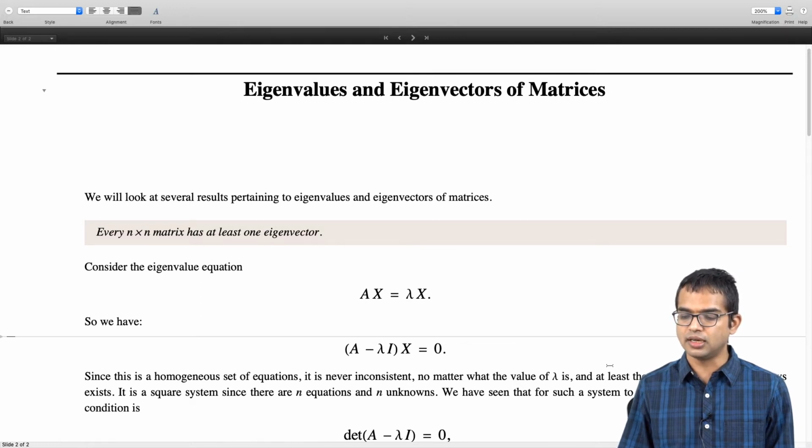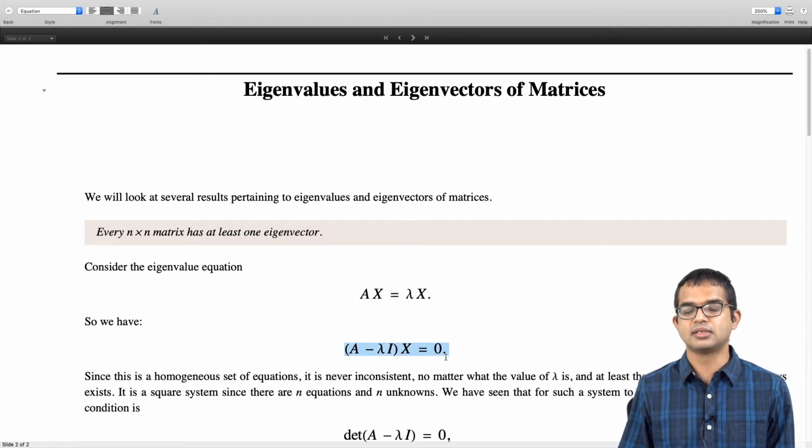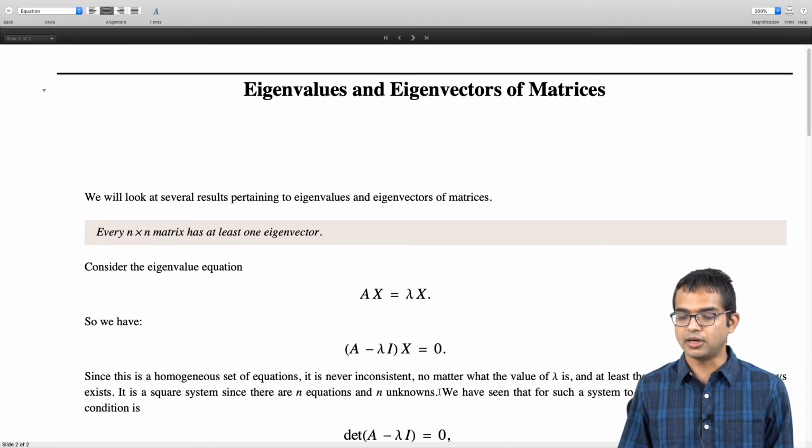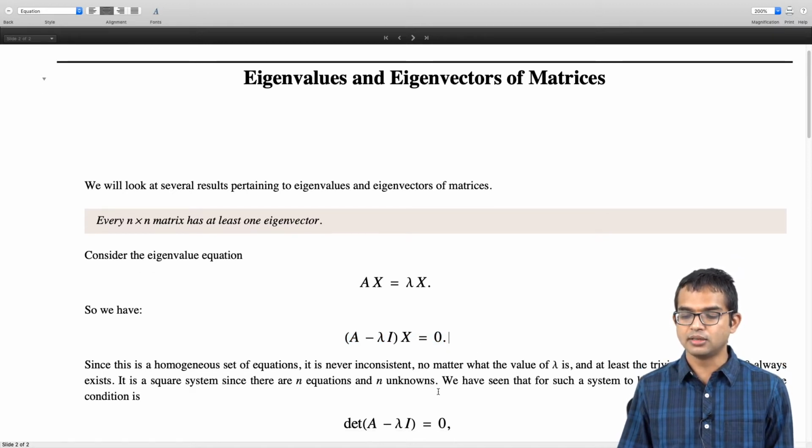So we have seen the condition for a non-trivial solution to exist when you have n equations and n unknowns. So we are looking at a square matrix, so the number of rows in this equation is the same as the number of unknowns. So we have exactly the situation tailor made where we had a determinant condition.